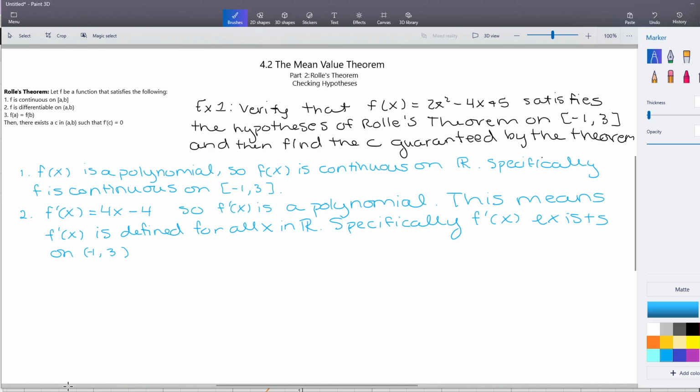Okay? Now we have to check the third condition. We need to check that f of a, right, f of -1 is equal to f of 3. Okay? So f of -1 is going to be, we're just evaluating the function at the endpoints.